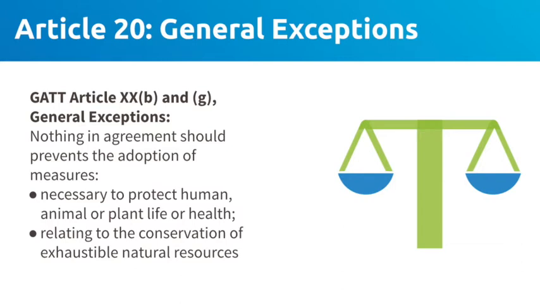The ones of most concern to us here are B and G, which are that a country can use a trade measure if it is necessary to protect human, animal, or plant life or health, or relating to the conservation of exhaustible natural resources. There are others, and one that's been popping up in the news, particularly during the last administration, is that there's a national security exception available. So I think the next slide is a summary of those.